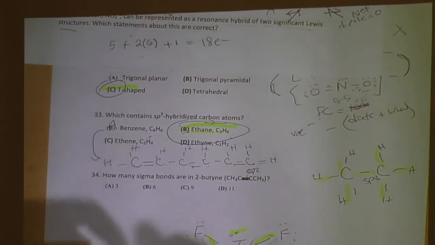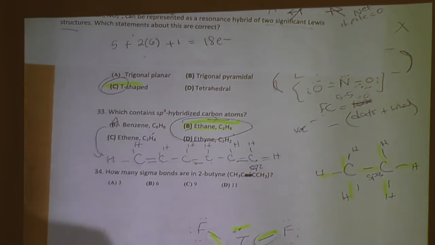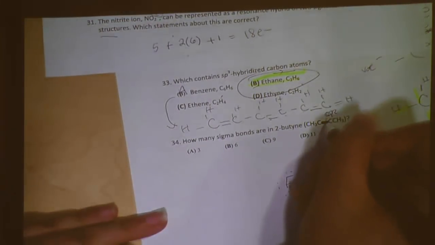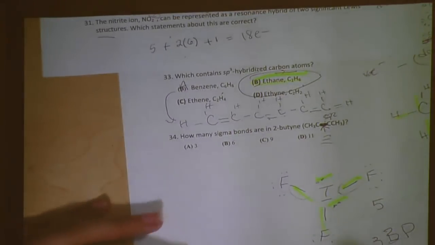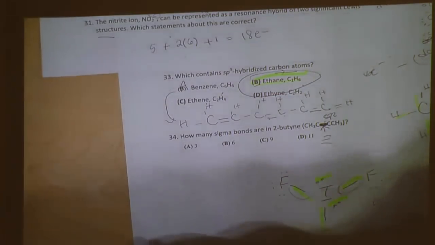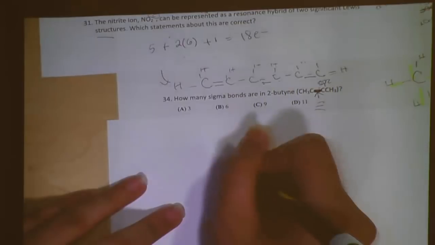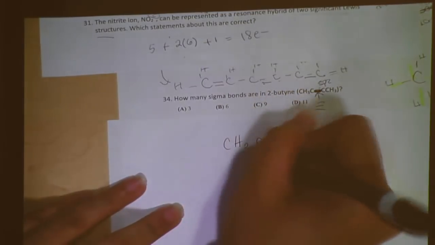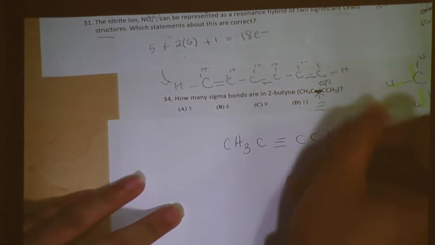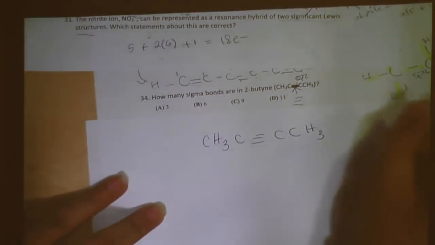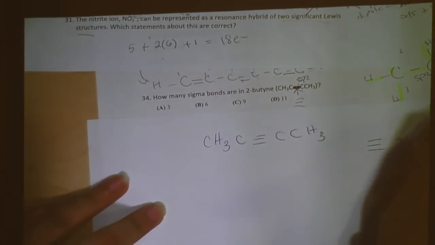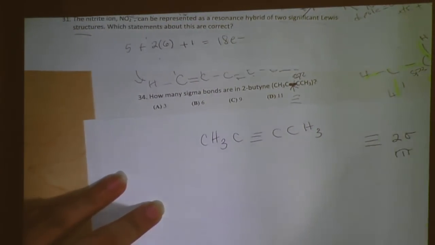Okay. 34, this is supposed to be a triple bond. Excuse me about that, and I'm going to do a different paper. But this one is going to be CH3, C triple bond C, CH3. A triple bond has 2 sigmas and 1 pi.